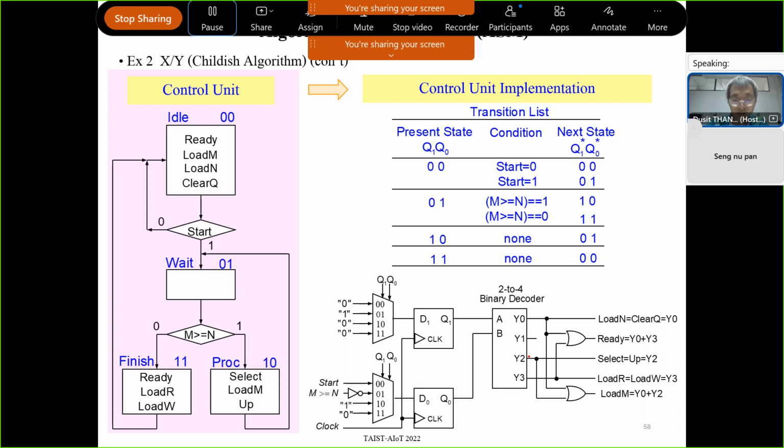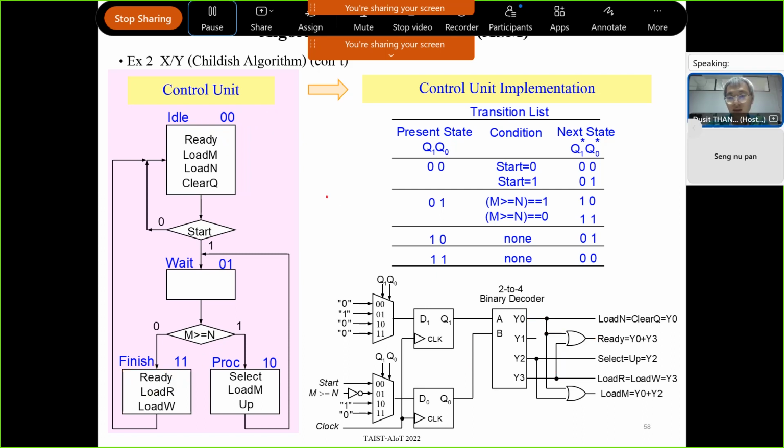So let's consider, for example, output ready is active at state 00 or 11, right? So output ready will be 1 when the output of the decoder is Y0 or Y3. Y0 is active when Q1, Q0 is 00, and finish is 11.